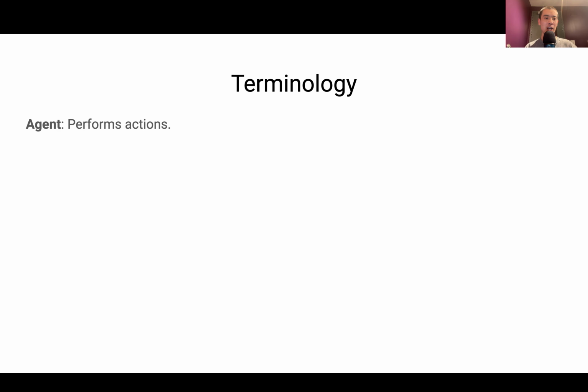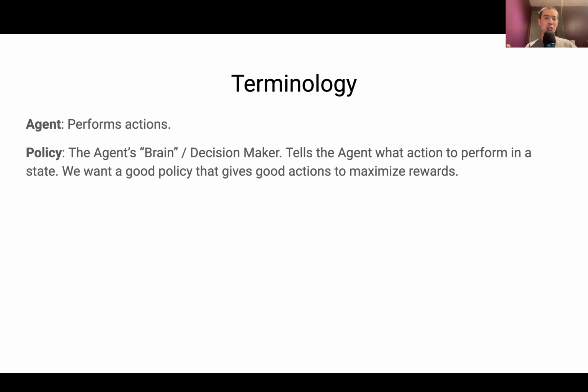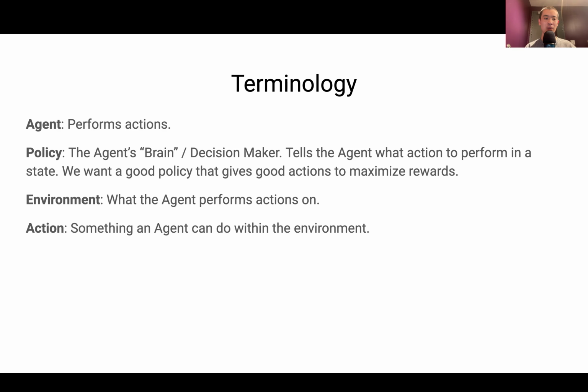Agent performs actions. Policy, the agent's brain or decision maker, tells the agent what action to perform in a state. We want a good policy or a good brain for the agent that gives good actions to maximize rewards. The environment is what the agent performs actions on.